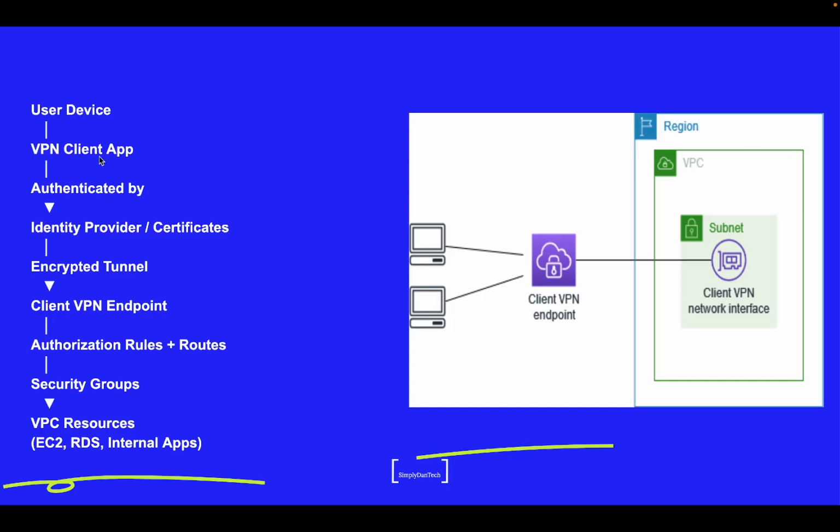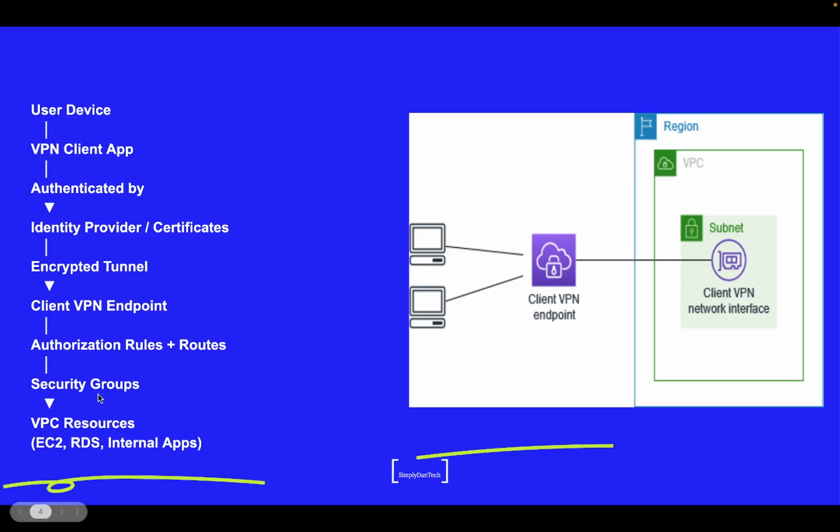Download an app on your machine, AWS VPN client. This will get authenticated. We are going to create a certificate to use it. We'll create a secure encryption channel, and then we will create what we call AWS client VPN in our AWS account, set up a few connection authorization rules and routes. Again, we're going to have some target routing on that.